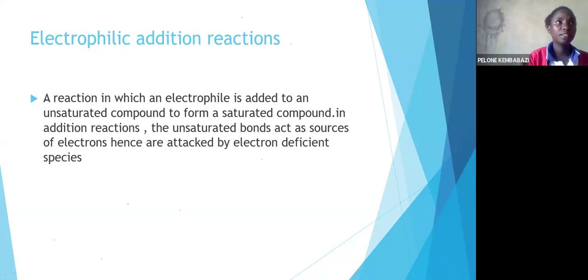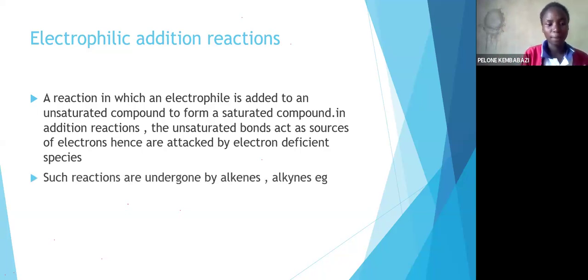That pi bond in alkenes or in alkynes acts as a center of high electron density. And so it can easily donate electrons to electrophiles, and finally we shall form carbocations, as we shall see among the mechanisms how they occur. So, as I said, our reaction in this case is the electrophilic addition reaction.